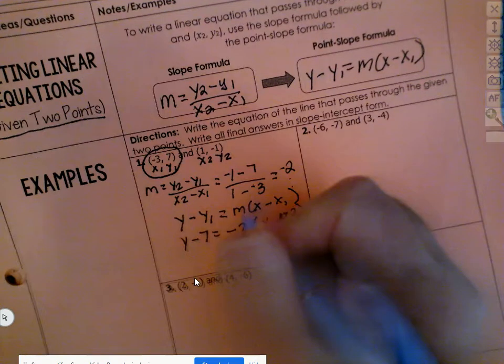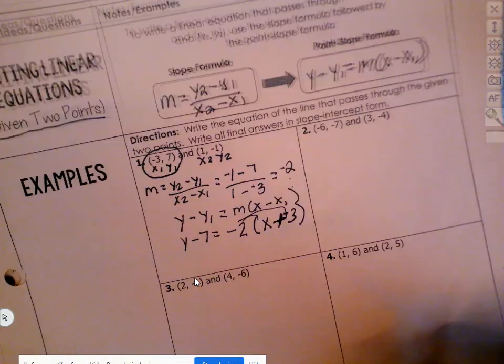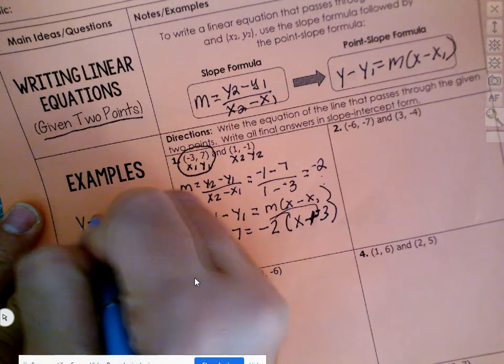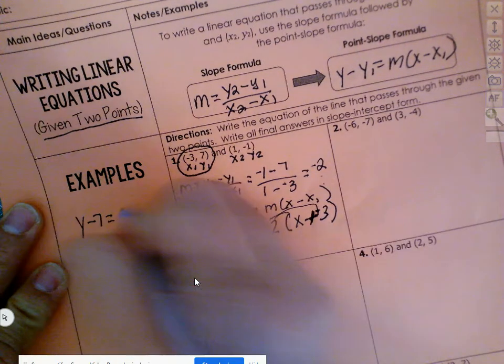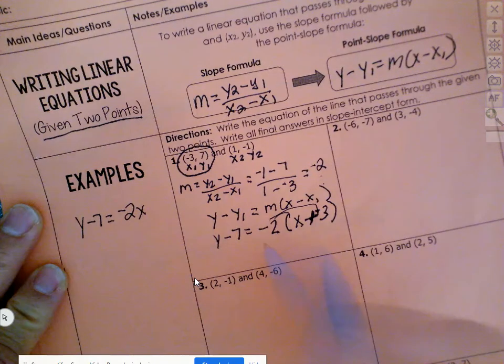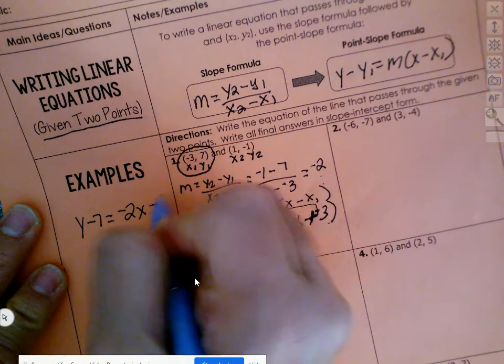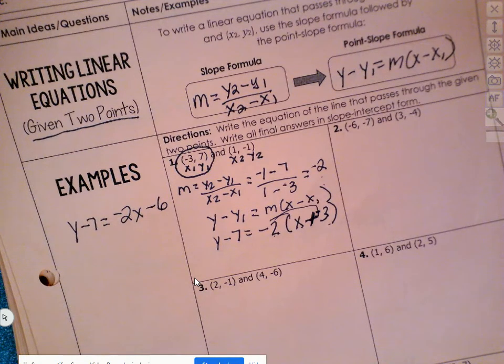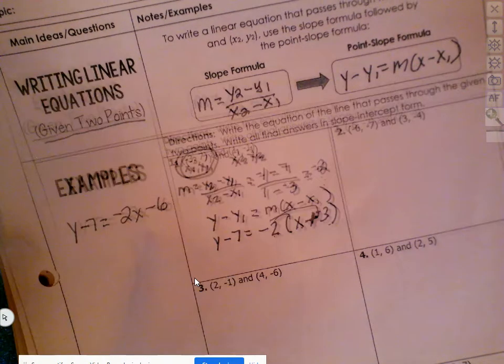And I distribute. I'm going to continue this off to the side. So I'm going to have y minus 7 equals negative 2x, because negative 2 times x. And then negative 2 times positive 3 is negative 6. Now I just want to get the y by itself, so I'm going to add 7 to both sides.